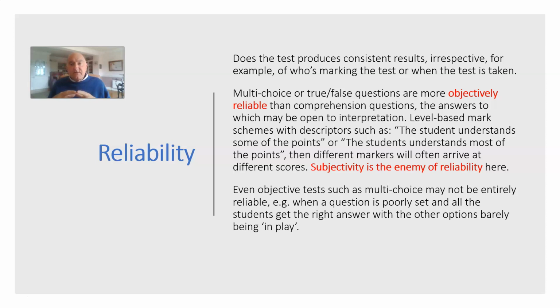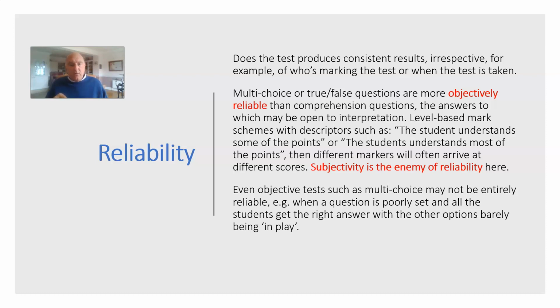But beware, because even so-called objective tests like multi-choice have their issues. For example, when you design multi-choice and you need a minimum of 3 possible responses, if the test is designed in such a way that the 2 wrong answers are clearly wrong and aren't even in play, then that's not going to give you a reliable assessment of the student's ability or achievement.